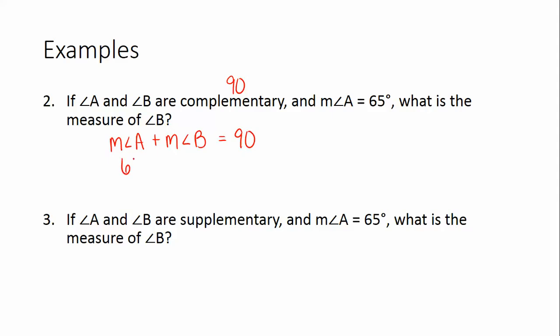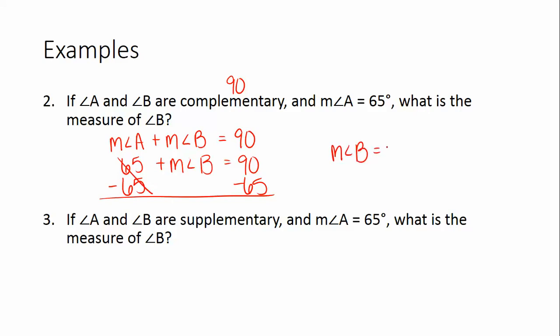The measure of angle A we were told is 65. We don't know the measure of angle B, so to solve for that, we subtract 65 from both sides, and we get that the measure of angle B equals 25 degrees.